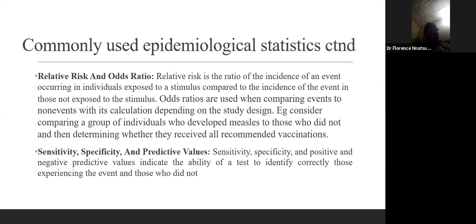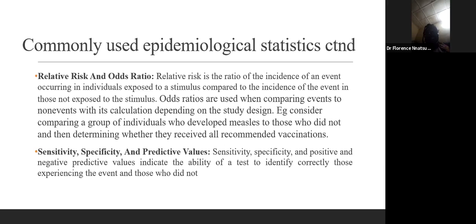Odds ratios are used when comparing event to non-event, which is calculated depending on the study design. The study design could be experimental or non-experimental. If it is non-experimental, it depends on the studies you are carrying out, then you will be able to apply relative risk and odds ratio.